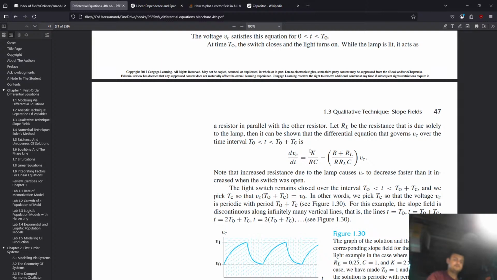because it's like this: resistor, capacitor, resistor. I was so bad at circuits, man.